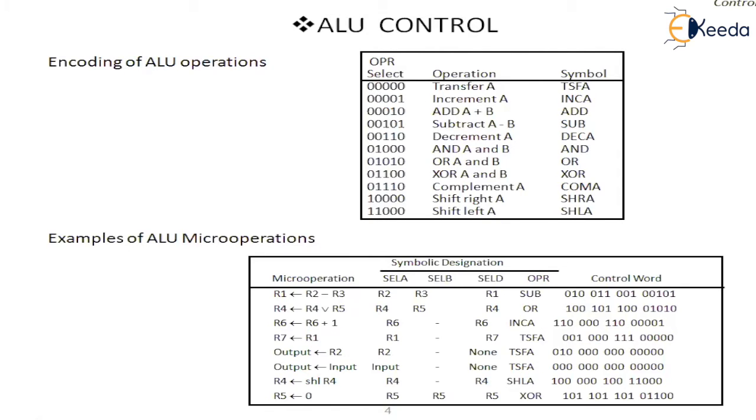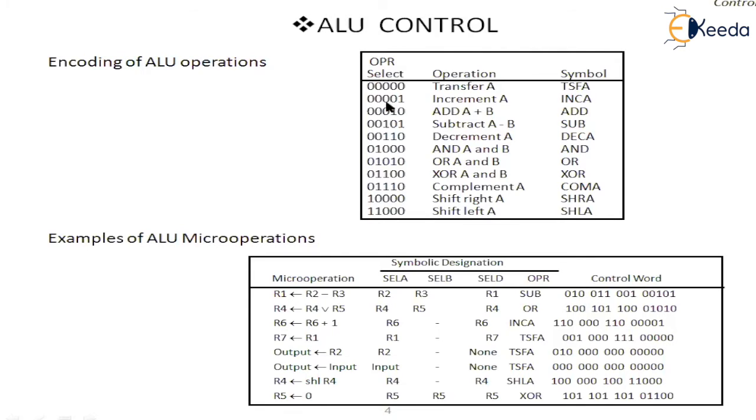When the operation input is 00000 and enabled, the operation transfer A will get performed. That is, register 1 will get transferred to the accumulator. That will be the result when the selection inputs of this ALU are 00000.